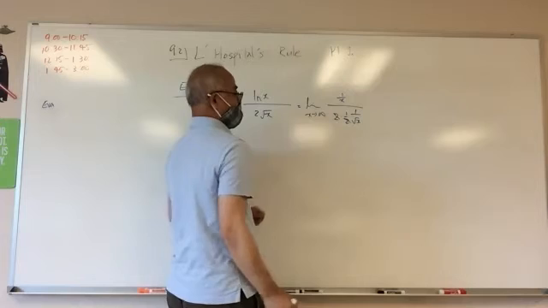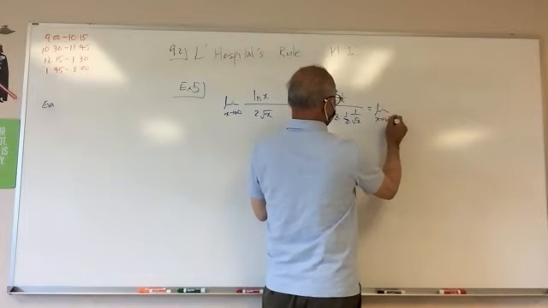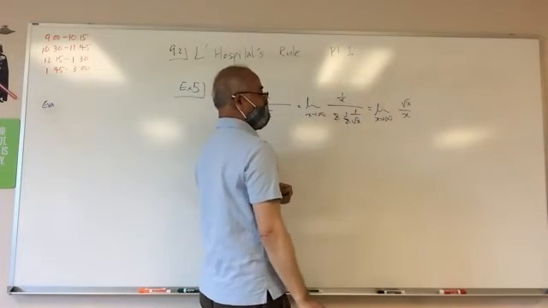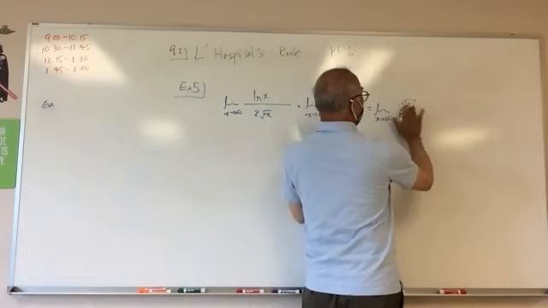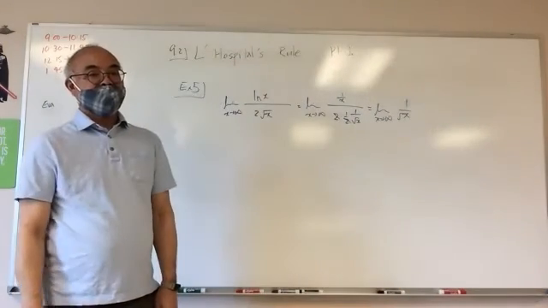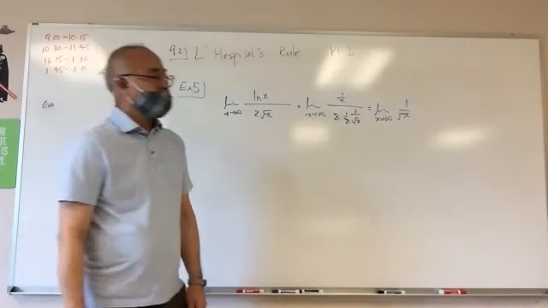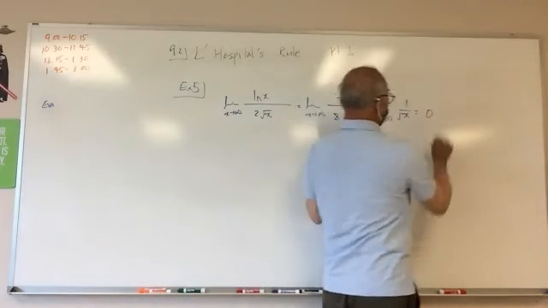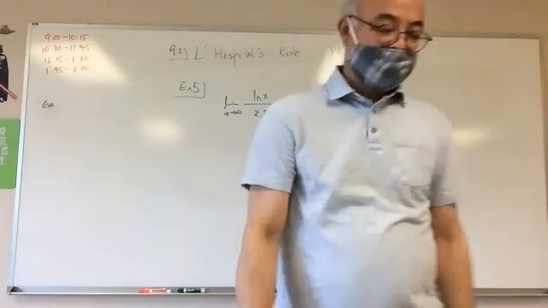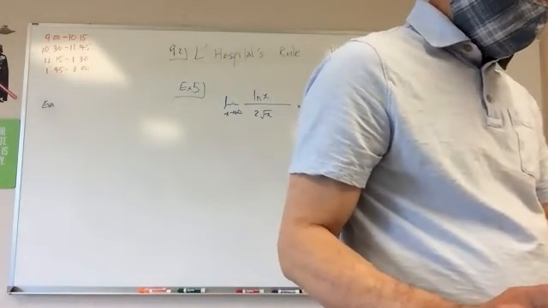So this cancels out, and I divide top and bottom by square root of x. This is 1 over square root of x, and as x goes to infinity, 1 over infinity is 0.